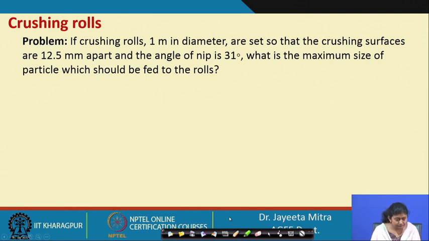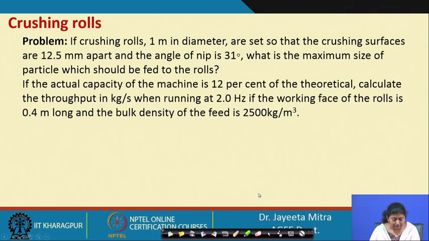Now, if we take a problem: if crushing rolls 1 meter in diameter are set so that the crushing surfaces are 12.5 mm apart and the angle of nip is 31 degrees, what is the maximum size of the particle which should be fed to the rolls?